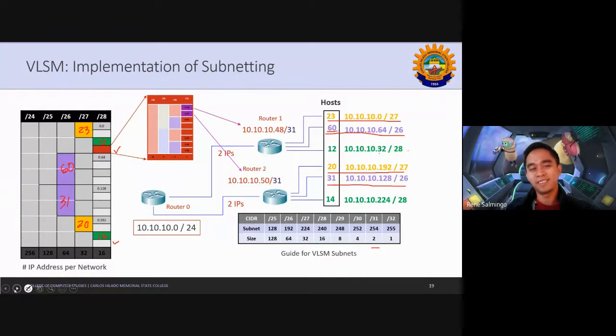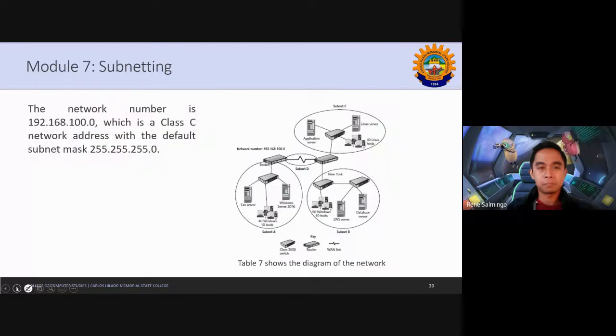Okay, so we move forward. Any more questions? Okay, this is module 7. So we have this value. Okay, one moment, please.